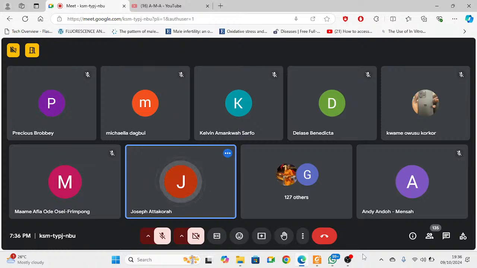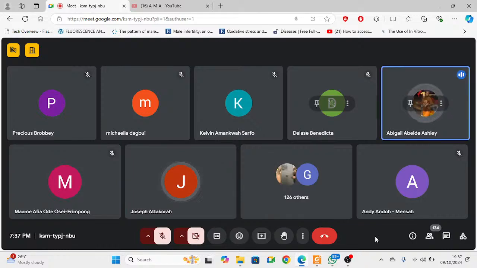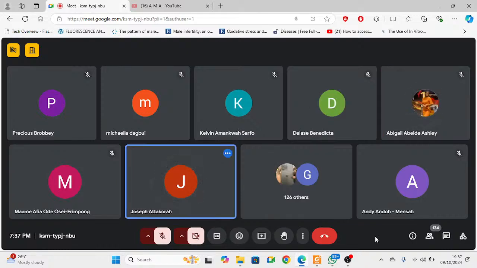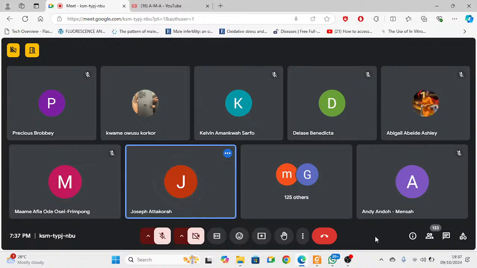Any other risk factors? Modifiable risk factors? Obesity. Somebody said obesity. But again? I think sedentary lifestyle. Obesity, sedentary lifestyle, or physical inactivity.